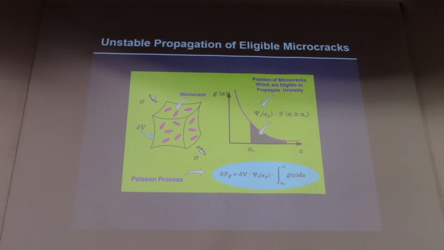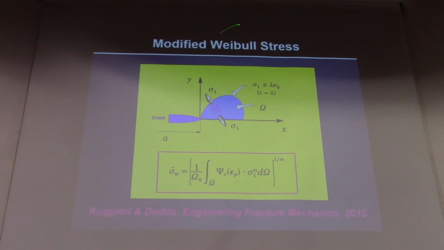In other words, not all microcracks will trigger cleavage fracture. That's the idea. And then we arrive at the same form of the Weibull stress, which is very convenient for computations because this is an established framework, with the difference that we have the psi sub c here. We proposed this model back in 2015, Bob Dodds and I.